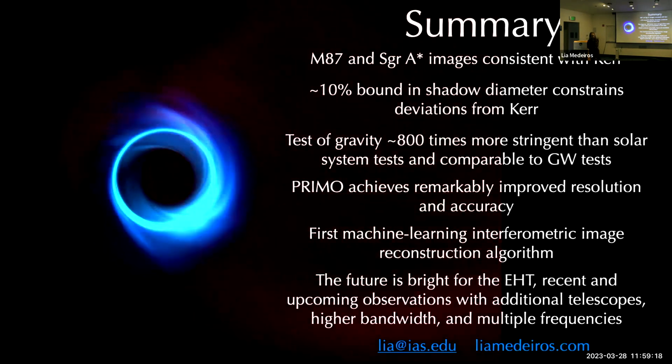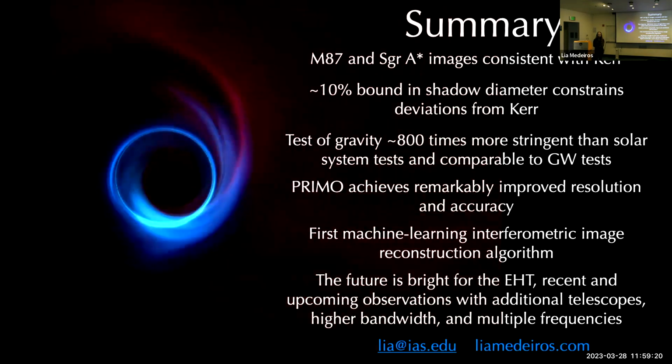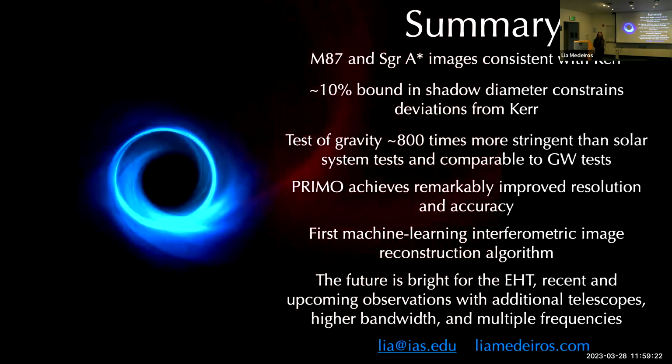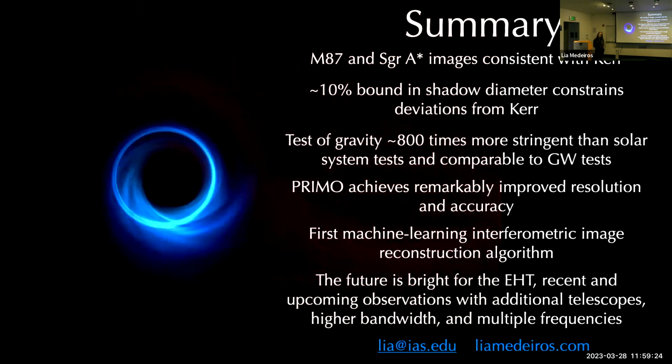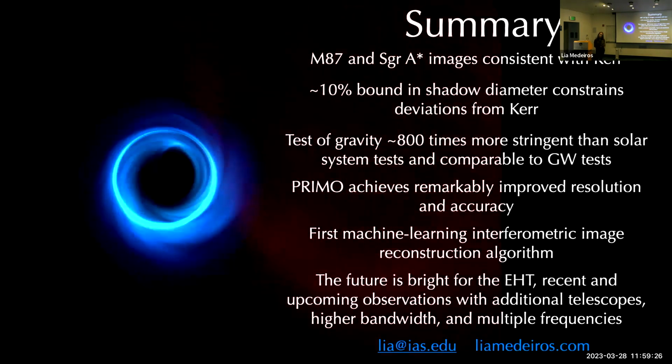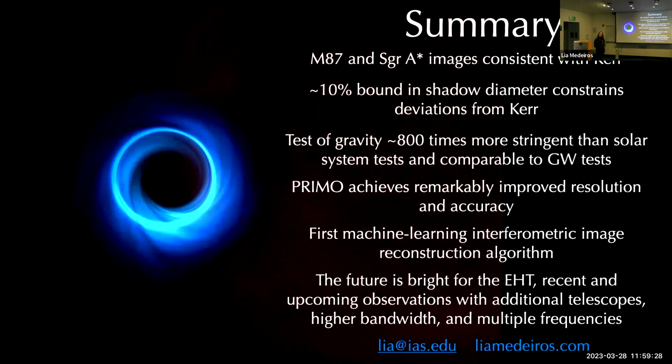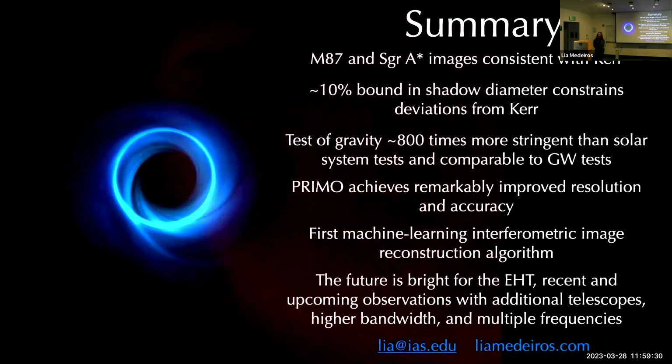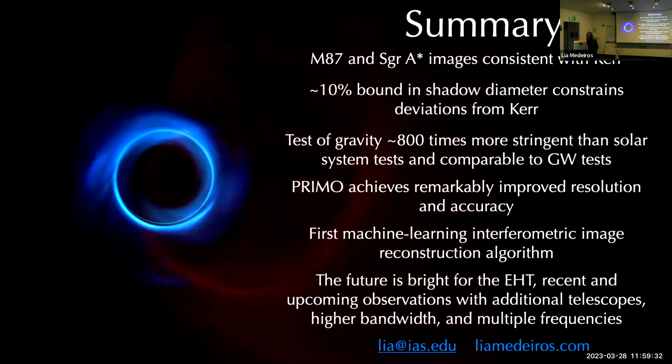With the confidence intervals and everything. Now, given that, do I expect to have different results with Primo if what I'm after is to constrain, for example, the radius of the shadow?